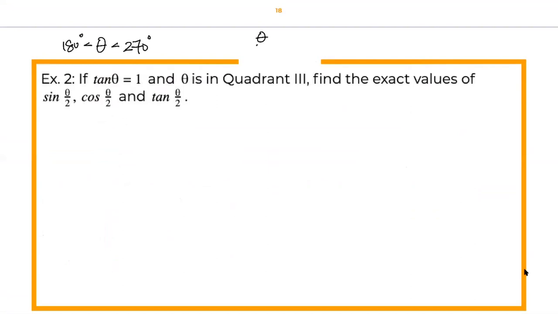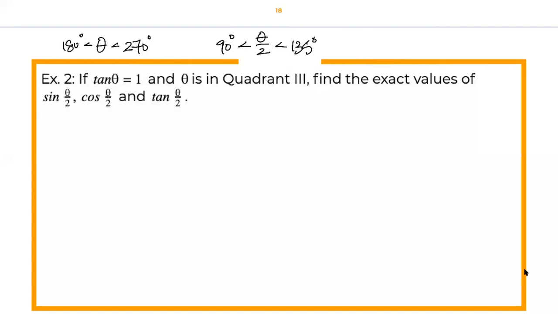What does that mean theta over 2 has to be between? 90 and 135. Beautiful. How'd you get that? The half of the angles, 180 is 90 and 270 is 135. Perfect. So divide everything by 2.